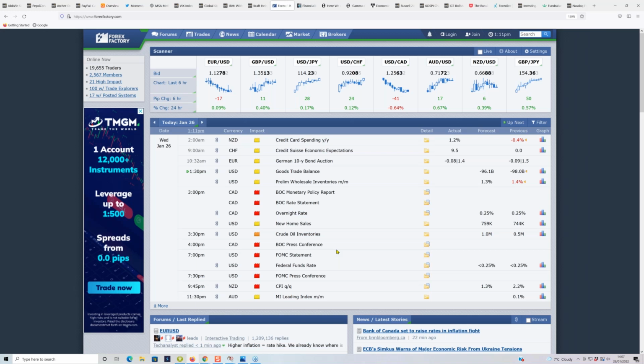Because the BOC's fundamental news comes on the same day as the Fed news, it tends to be a little bit overlooked, which is a shame, because it's a hugely important currency. It's a commodity currency along with Aussie and New Zealand, so it can tell you a lot about sentiment, but more importantly, it's an energy currency, to do with oil and gas. So a really important currency.